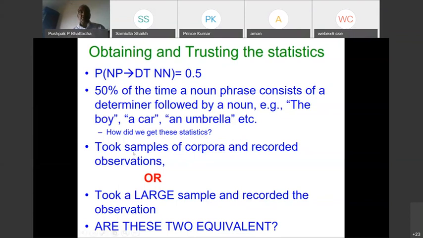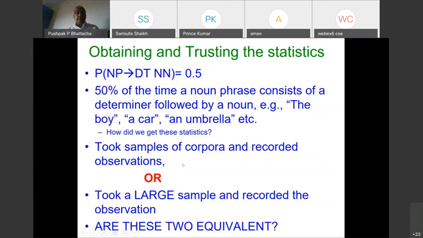One question is, took samples of corpora and recorded the observations. That is the way I get 50%. And the other way of asking this question and answering it is, took a large sample and recorded the observation. So are these two methods of obtaining statistic valid? This is the question we ask.